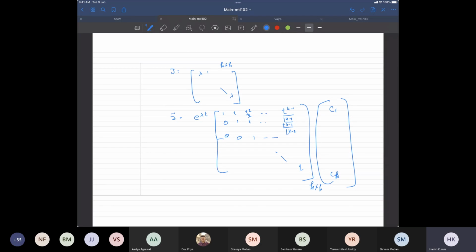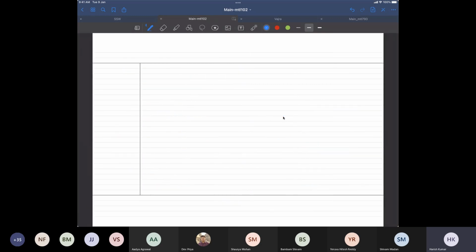Now of course you can have a mixed situation where for some eigenvalues you will have all the eigenvectors, and for some you might not have all the eigenvectors. It doesn't matter. In that case you can always divide them into blocks. So in general your matrix A can be written like this. Let's not write D, let's write J only.